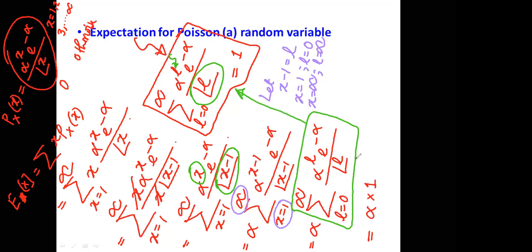I mean, this sum is equal to 1 and the whole value is equal to alpha. So this E of x now becomes alpha. So we can say that the expected value of x for this Poisson random variable will be alpha.